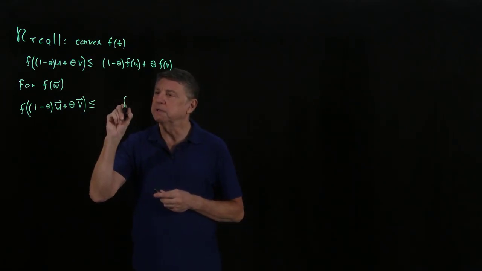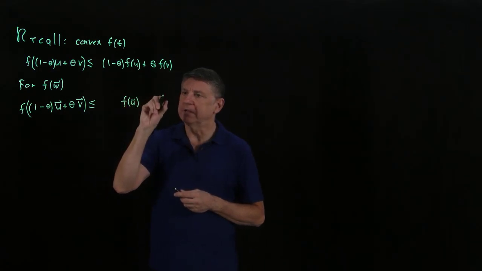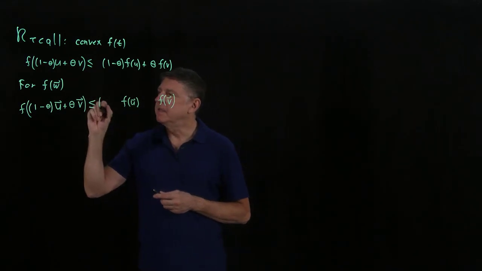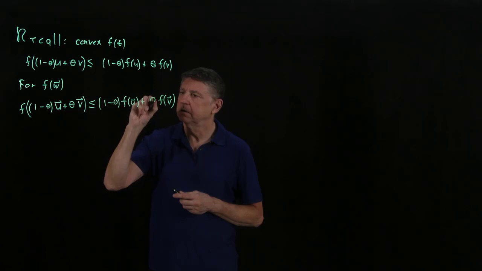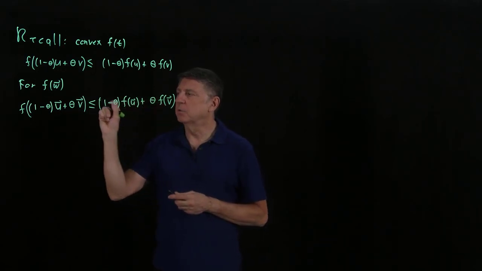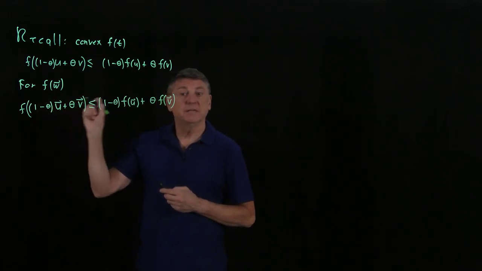And so if we evaluate the function at the argument u, and we evaluate the function at the argument v, and then we linearly interpolate, this interpolated value is always at least as big as the value of the interpolant.